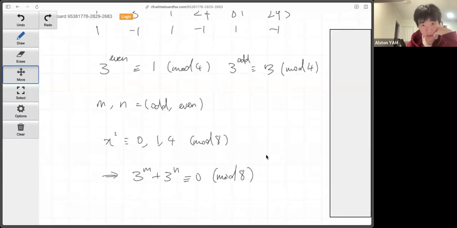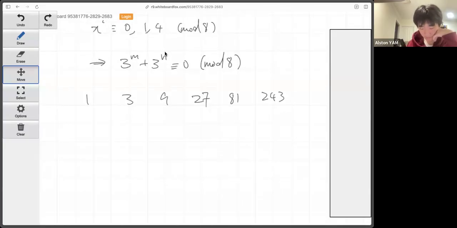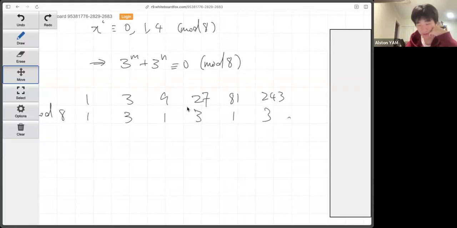And then we'll see something really interesting, because if we look at 1, 3, 9, 27, 81, what we actually get, this is mod 8, is that this is 1 mod 8, 3 mod 8, 1 mod 8, 3 mod 8, 1 mod 8, 3 mod 8, etc. And it goes down like this. It will always go from 1 to 3. So 1, 3 mod 8.